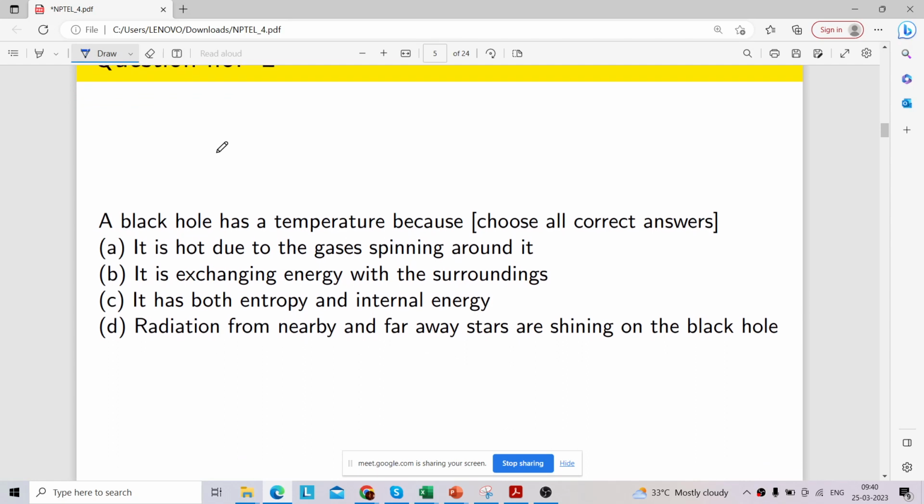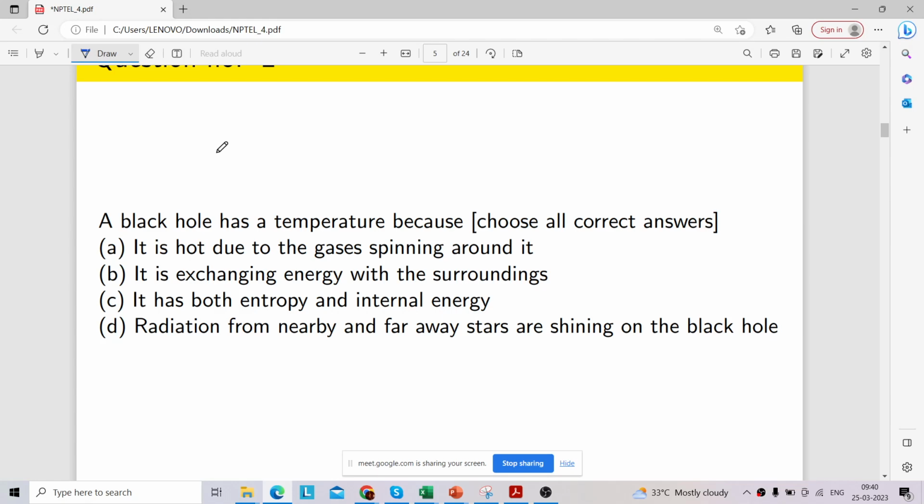Coming to the second question: a black hole has temperature because, and you have to choose the correct answer from these options. It is hot due to the gas spinning around it. Actually gas is spinning around it, but that's not impacting its temperature, it's not touching. If it engulfs the hot gas, then it will impact its temperature, so it's not correct.